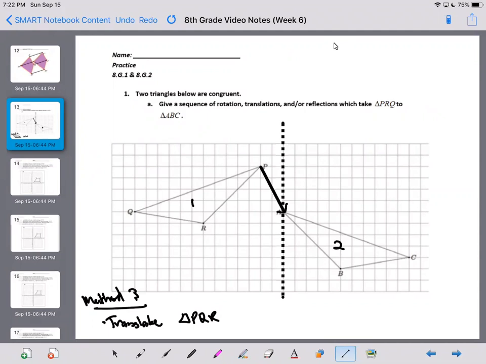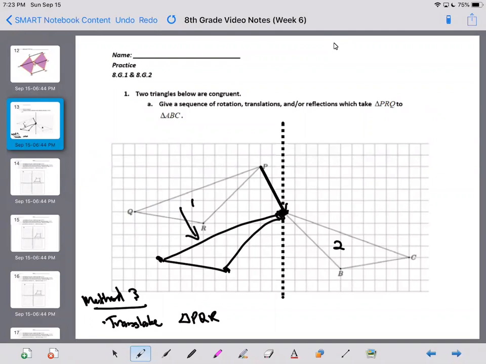So we're moving the entire figure down to here, to here, to here. So this is the triangle that we have, and we've just shifted this way. And then what we would do is we would reflect it.